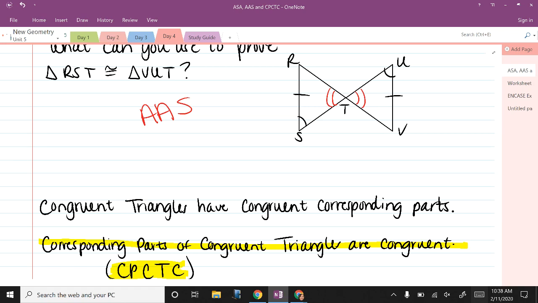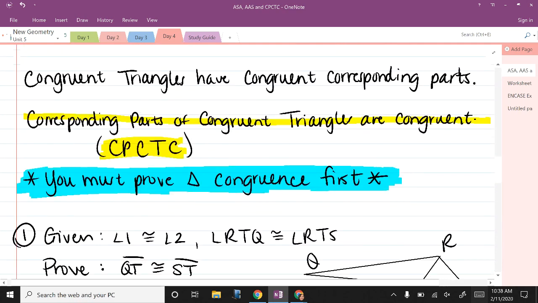Okay, you cannot use CPCTC until you have in fact proven the triangles congruent by one of these 5 reasons. So you have to use one of these 5 reasons right here to prove your triangles congruent. And then after you say that the triangles are congruent, then you can use CPCTC to show that specific sides match with each other or specific angles with each other.